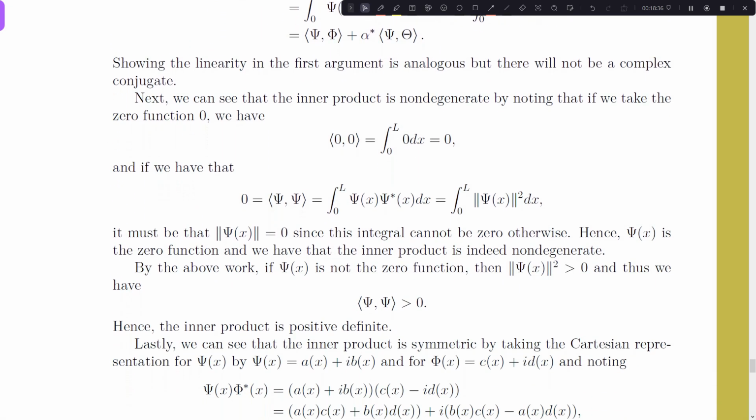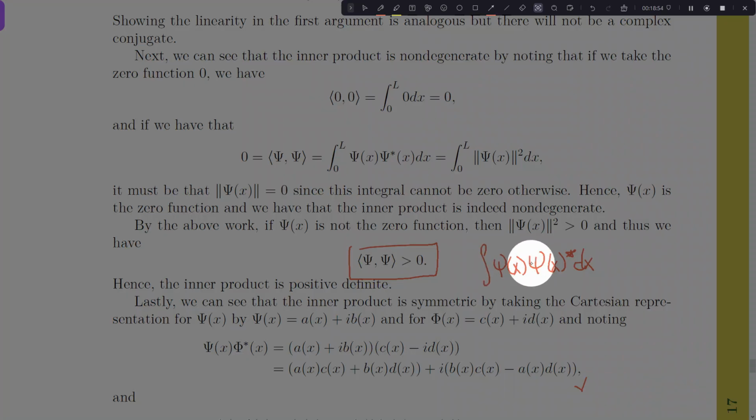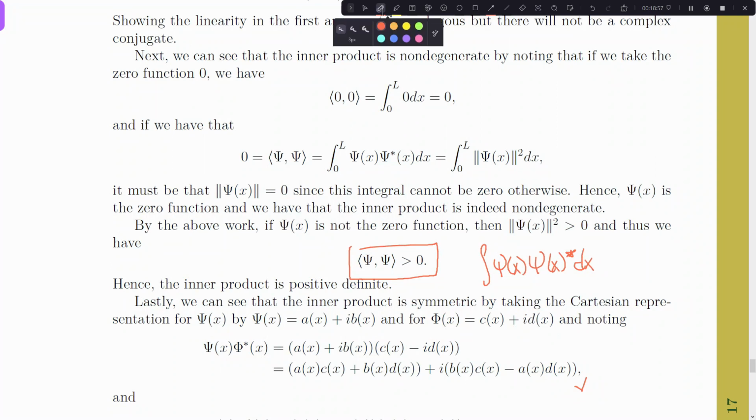Let's jump down a little bit farther. I get a non-negative number if I take the inner product of psi with itself, and that's just because of psi of x times psi of x conjugate dx. When I take a complex number and multiply it by its conjugate, I recover the complex magnitude of that function.